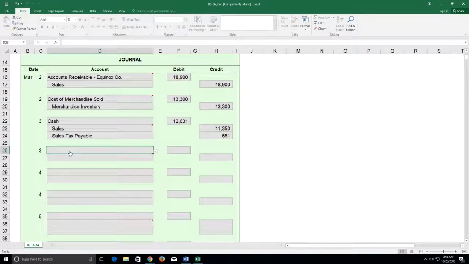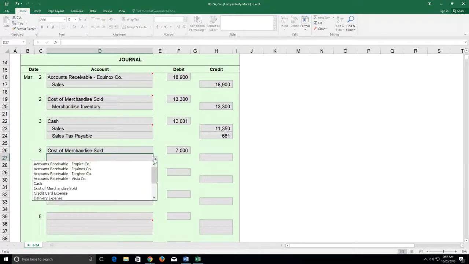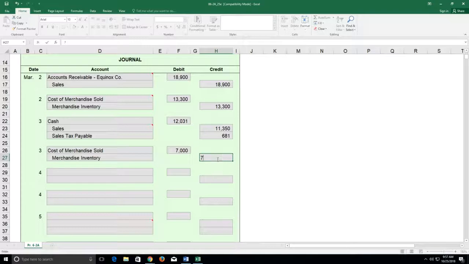Okay. So we collected $681 in sales tax. We still have to continue on with the second part of the transaction, which is cost of merchandise sold, which they told us was $7,000, and merchandise inventory of $7,000.